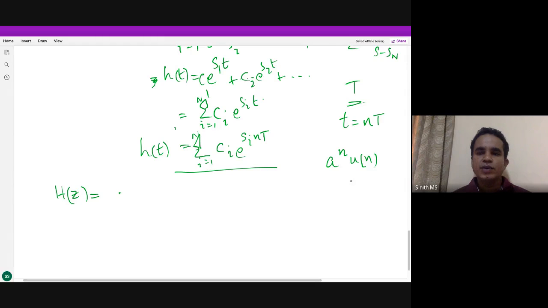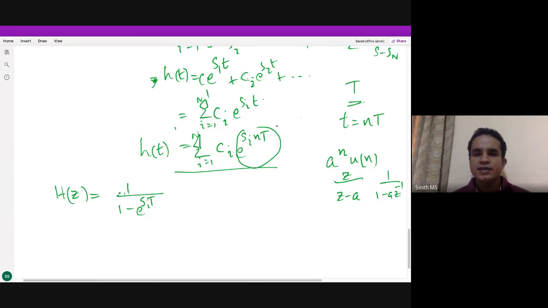So a raised to n u(n) has z-transform 1 by 1 minus a z inverse, for the appropriate region of convergence. Here a is e raised to si T, because e raised to si T raised to n is a raised to n.